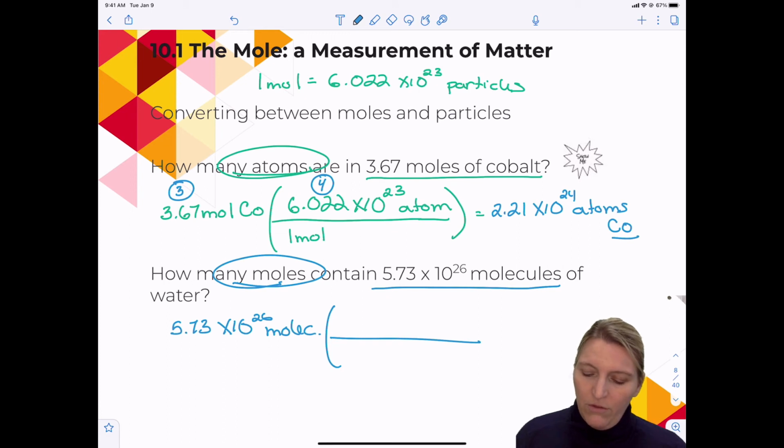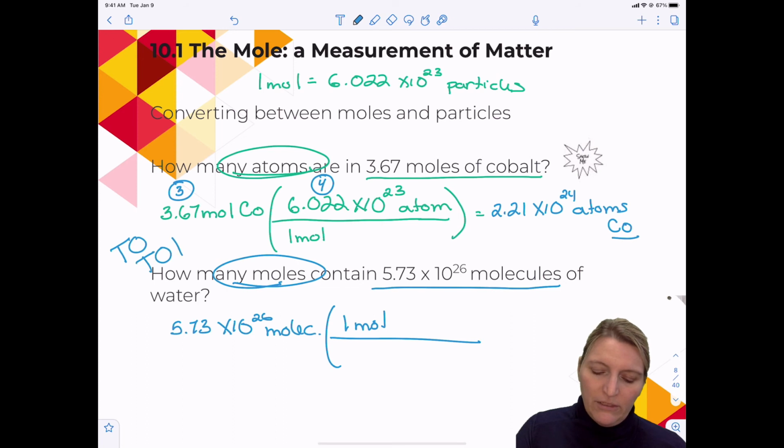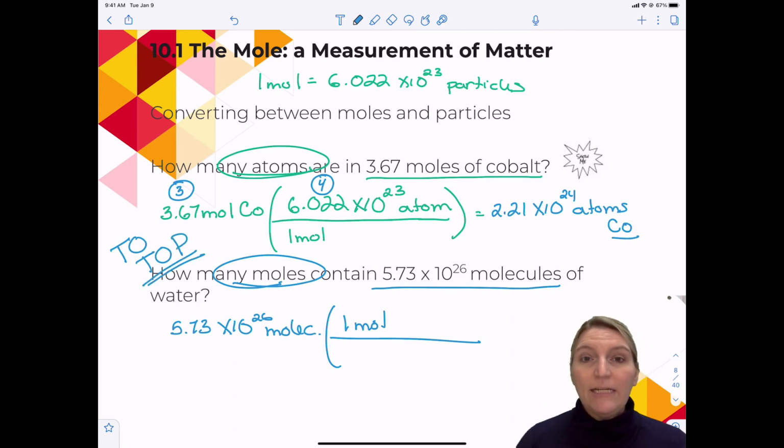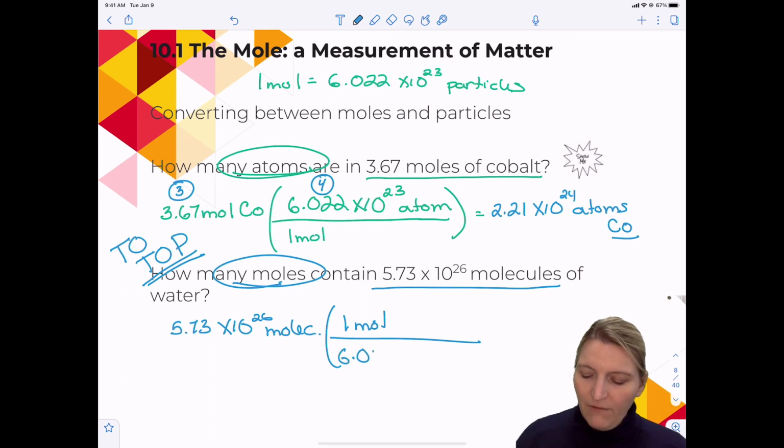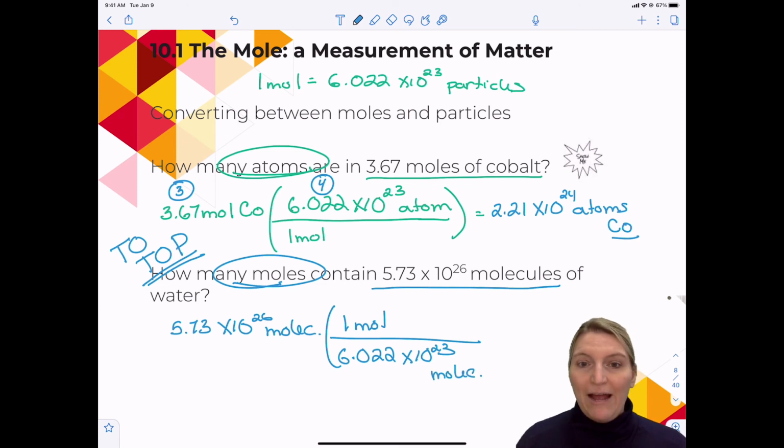And I know that 1 mole, this is another way to remember how to set up my parentheses: whatever I'm converting to is going to go on the top of my conversion factor parenthesis. So this question is asking me how many moles. So 1 mole goes on top, and Avogadro's number is 6.022 times 10 to the 23rd. Remember, molecules, that word can be atoms, molecules, or formula units.